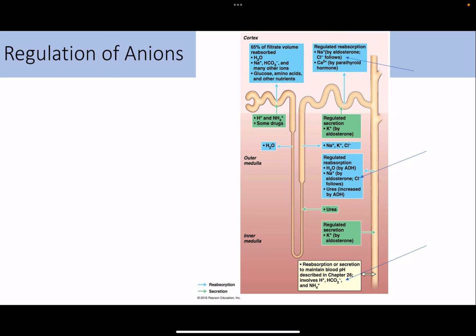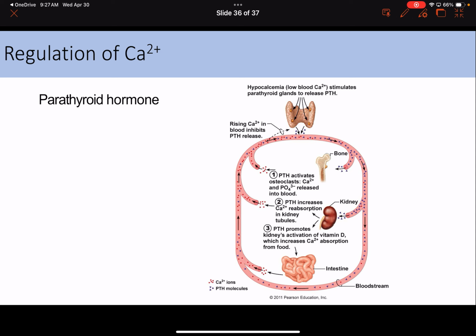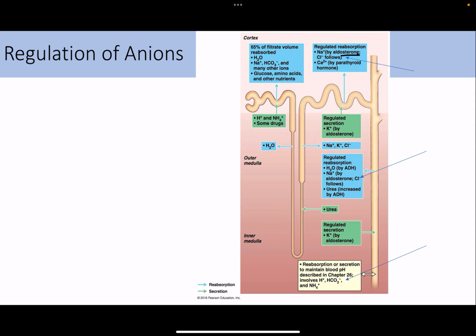Regulation of anions. So one thing about ions is that positive ions need to be balanced with negative ions a lot of the time. So one thing we haven't talked about yet, but it's in this diagram here that we saw with urinary, is that sodium is reabsorbed due to aldosterone, but then you can see this little note here that says that chloride follows.